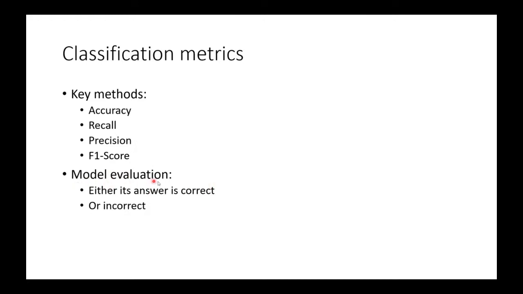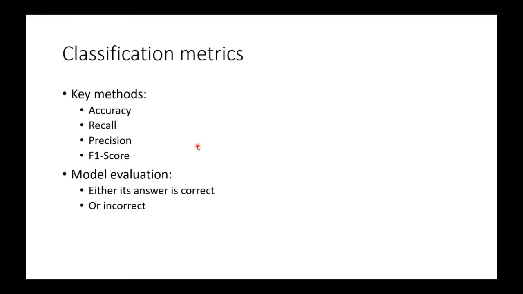We're going to assume a binary evaluation here. Either your answer is correct or incorrect. But any concept I'm going to deal with in this lecture could be applied to any sort of model evaluation. You could have many classes, but let's just assume binary classification.